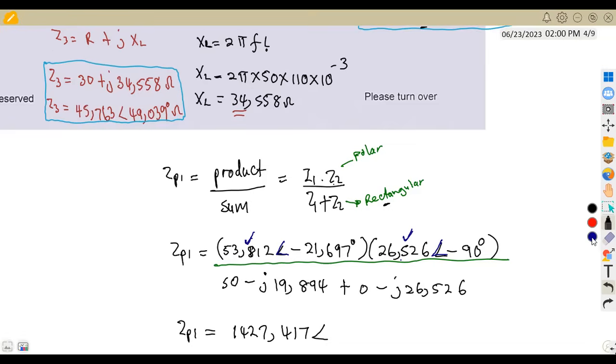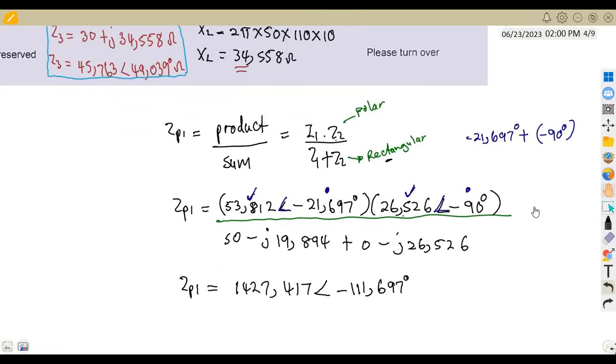Then the angles: when you are multiplying in polar form, you add the angles; subtraction is when you are dividing. So we add negative 21.697 degrees to negative 90 degrees, and we obtain negative 111.697 degrees. All right, that is what we have.